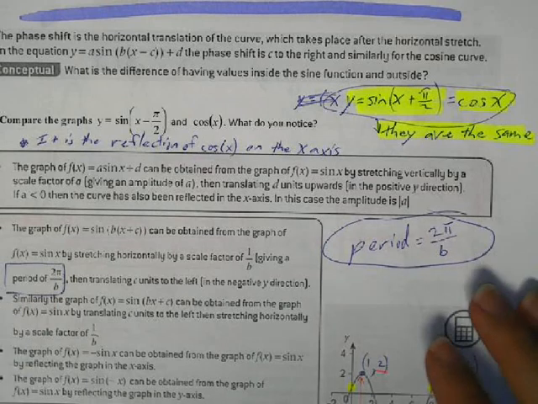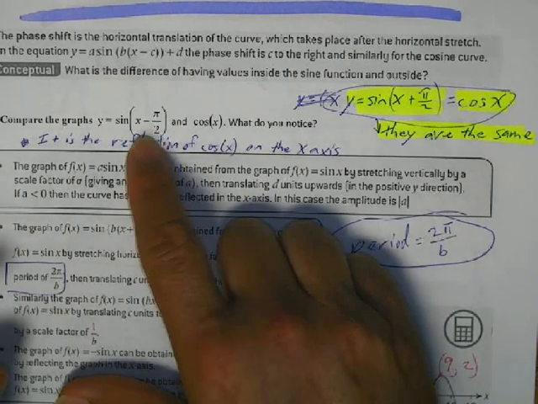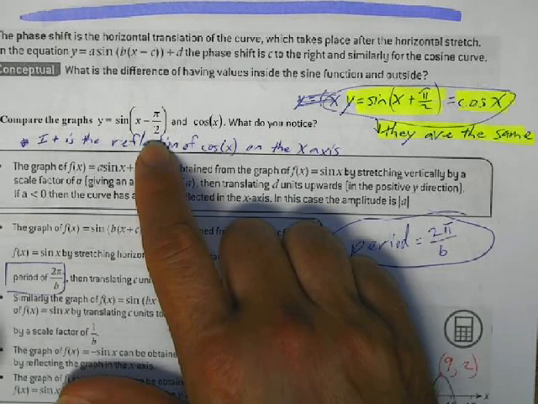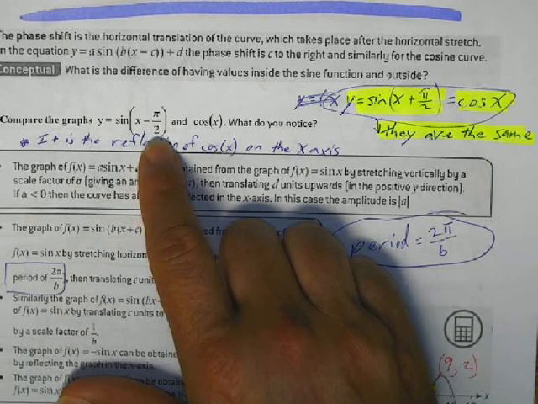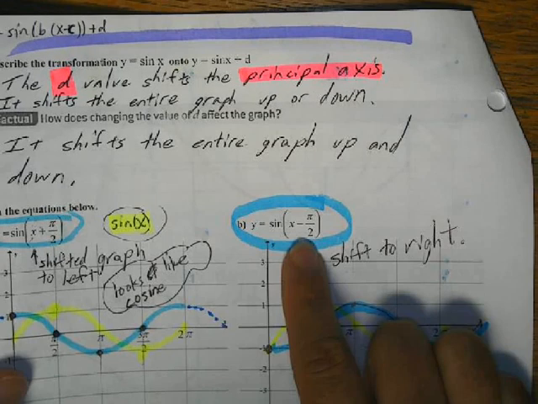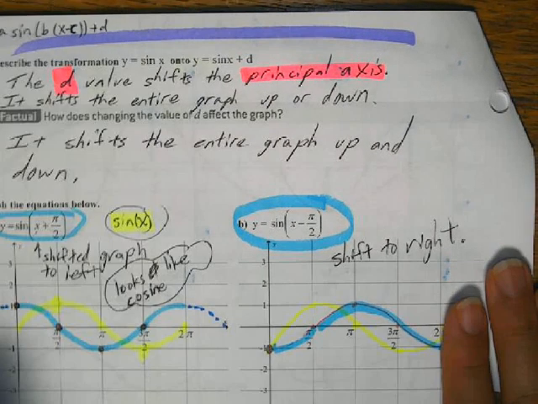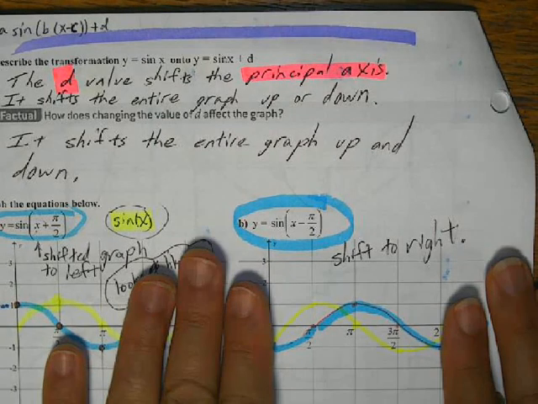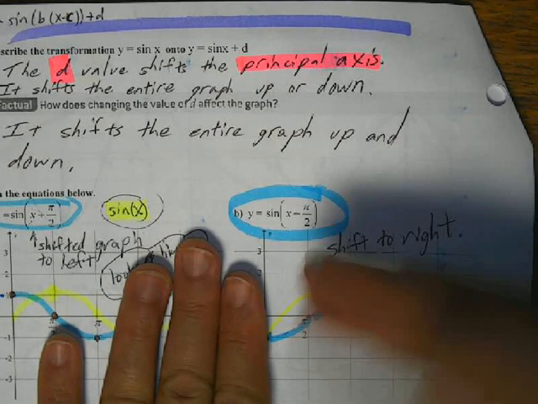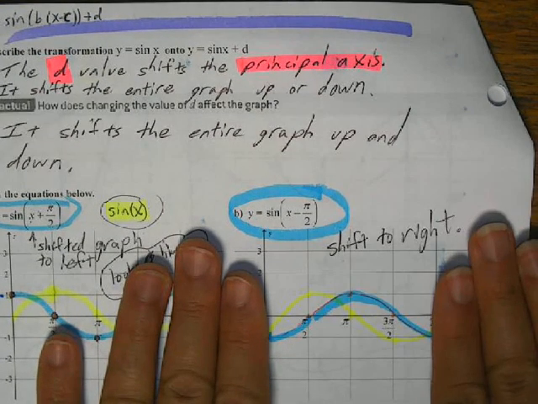Now, I didn't intend to put a minus here, but let's talk about this. If I have sine of x minus pi over 2, this also looks like a cosine that's reflected on the x-axis, doesn't it? So look at the blue one.